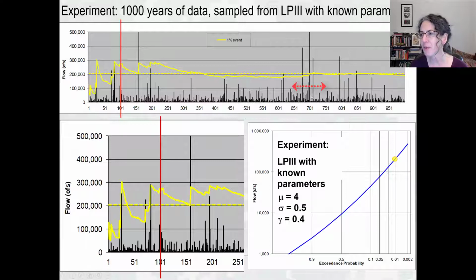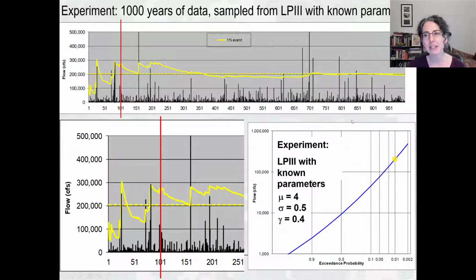If this was the record that we had observed with these big events happening, we'd think that big floods are really pretty likely. We've seen a lot of them, and they can probably get even bigger. So if we experienced this period of time, our frequency curve would be pretty high, and we'd think big floods were really likely, and our estimate of the 1% would be pretty high.